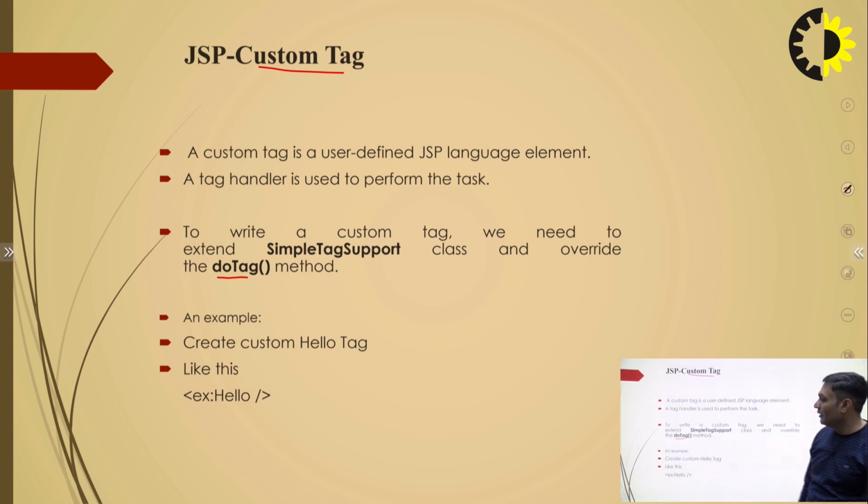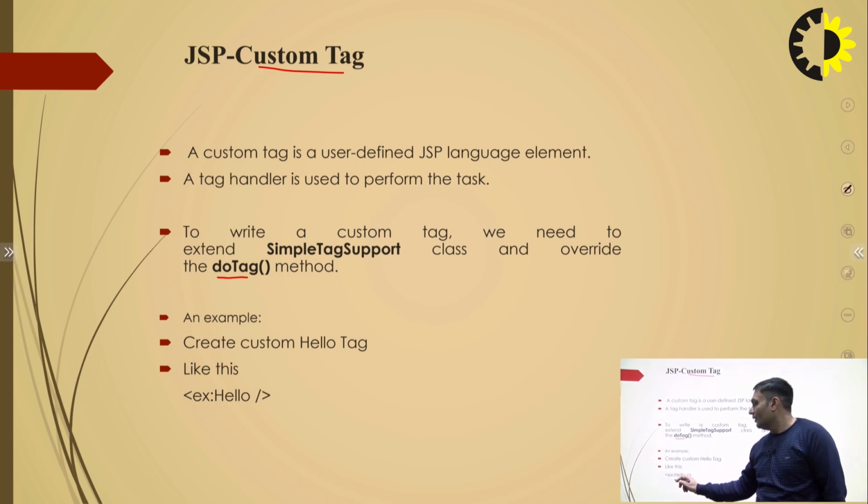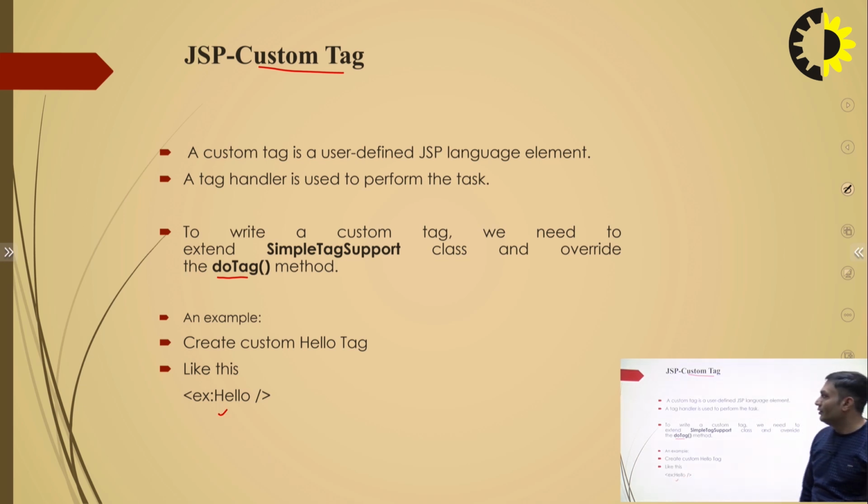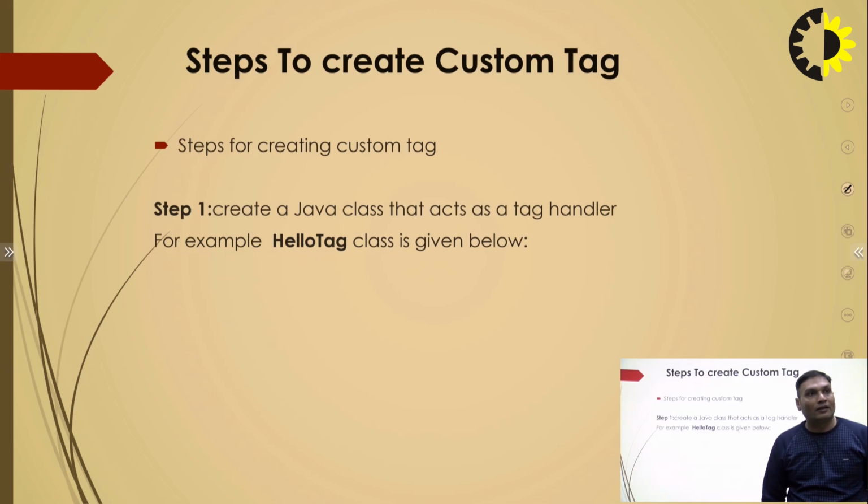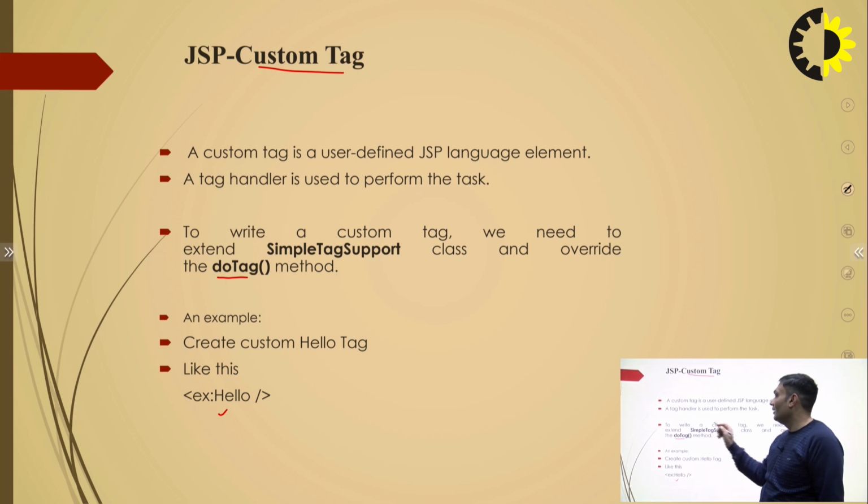For example, if we want to make a tag hello, so what will be the steps to create this custom tag? So the next thing is steps to create the custom tag. So first we need to create a Java class that acts as a tag handler. As I told you, first we need to make a tag handler.